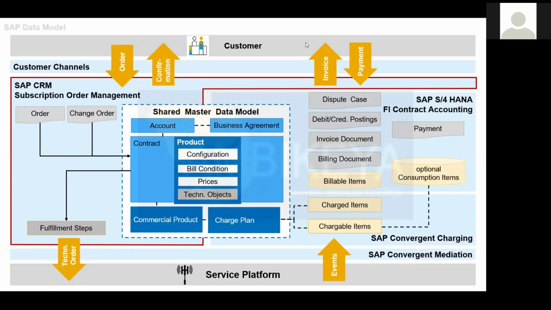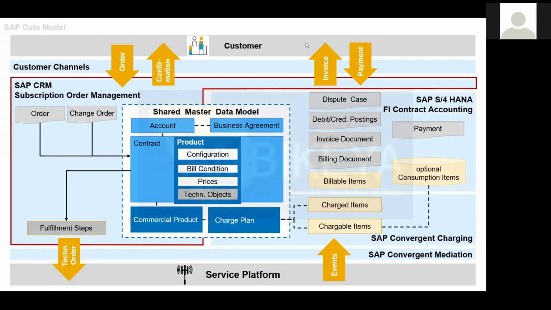Technical objects are relevant in consumption services, because you need to identify, with the help of the technical usage data, which subscription contract is relevant. For example, it could be an IP address that is related to a CPU usage, and you want to assign the contract. That means you then need an access in the convergent charging.